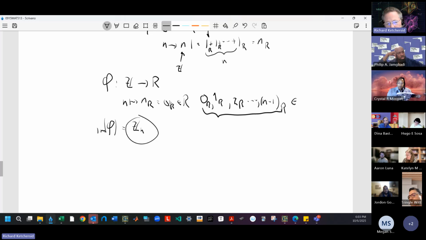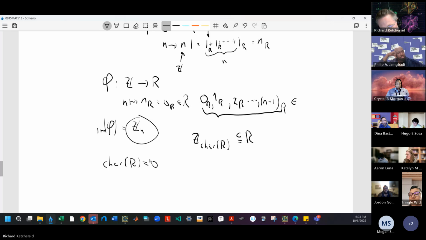So what it's saying is every ring with a unit either has a copy of Zn, where n is the characteristic of R, right? Sort of sits inside of the ring like this, right? The other option is, what do we say when there isn't such an n? We say the characteristic of R is 0, right?